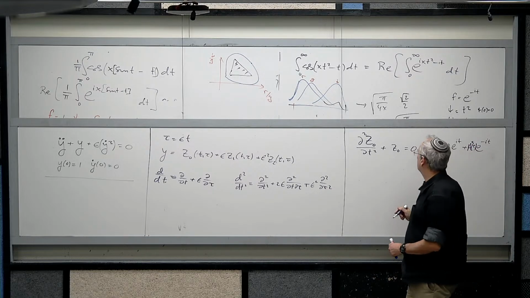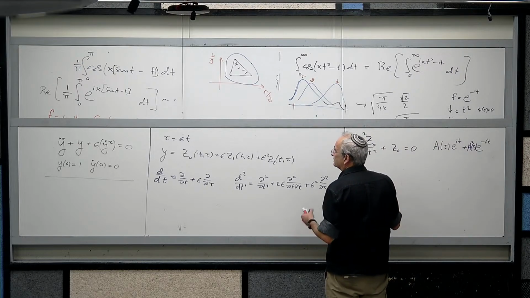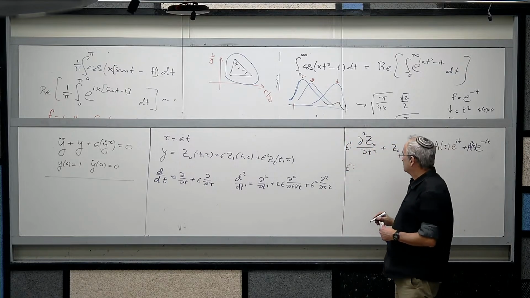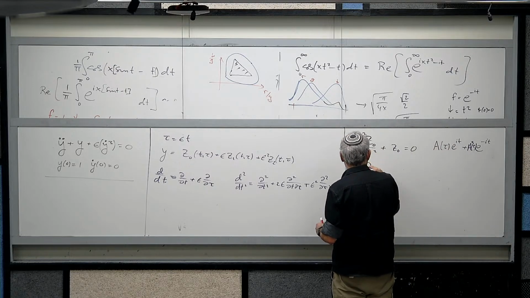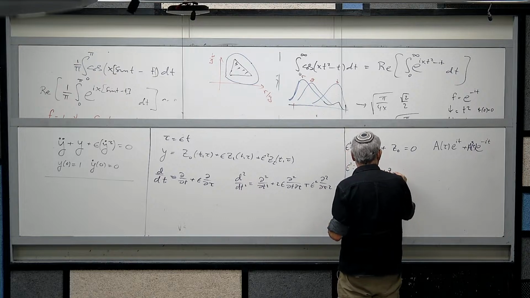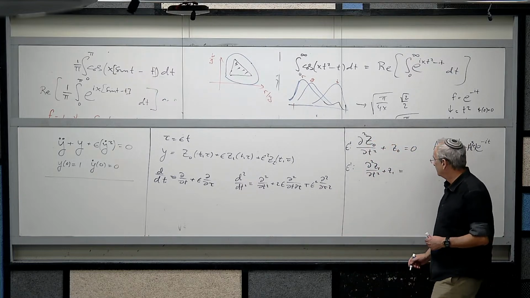Okay? Now, this is order epsilon to the power of 0. Now we want things that are order epsilon to the power of 1. So first of all, we are going to have d2 z1 dt squared plus z1 is equal to, okay?